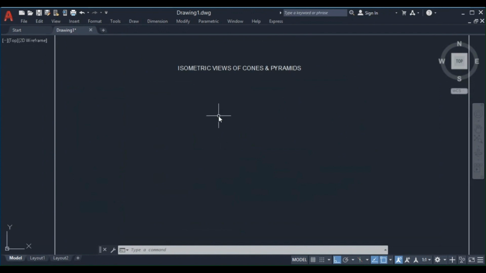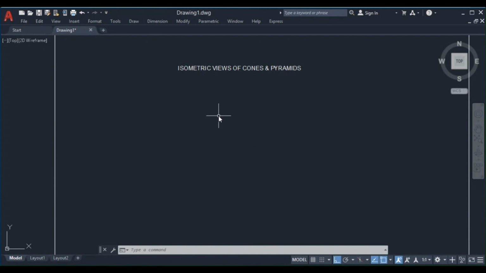Draw the isometric view of a hexagonal pyramid of side of base 30 mm and height 75 mm.